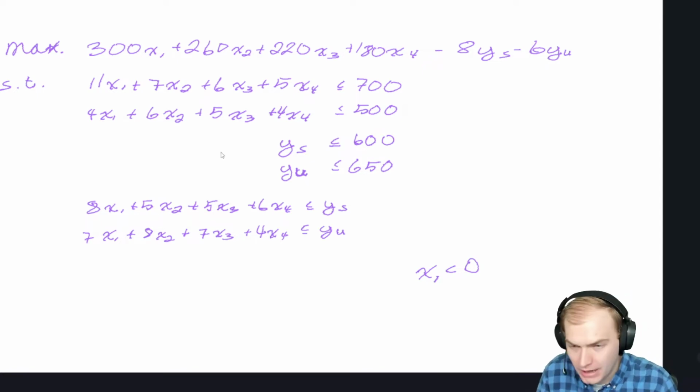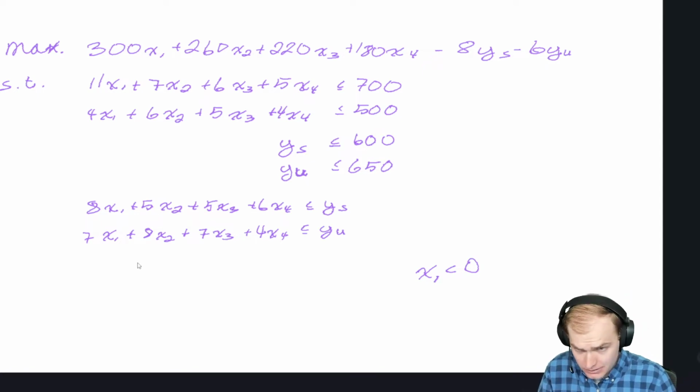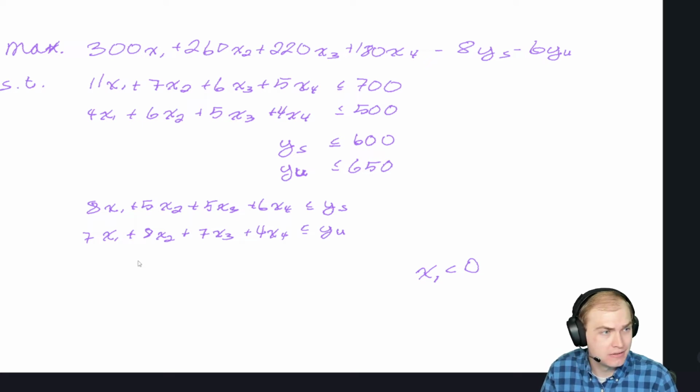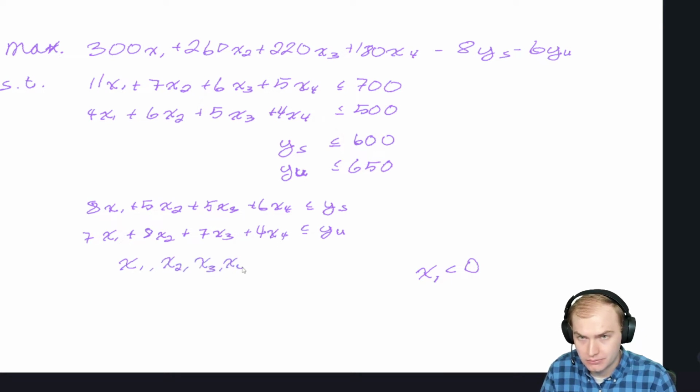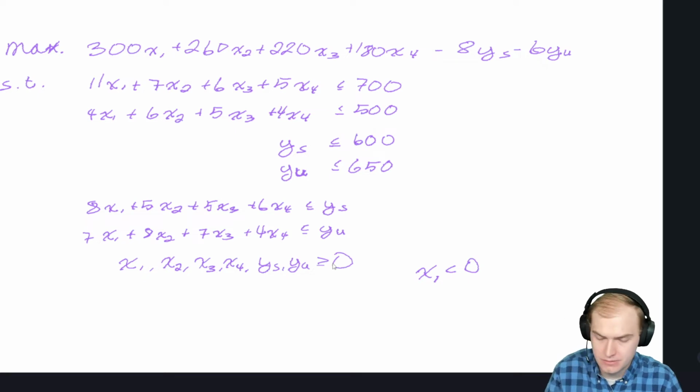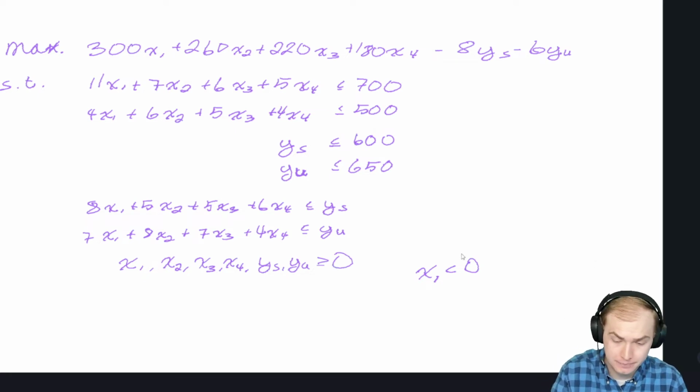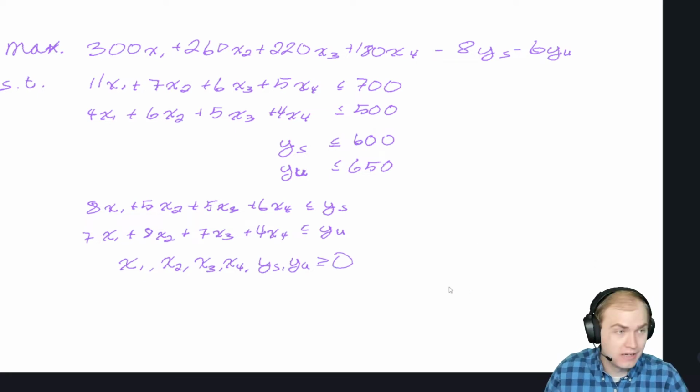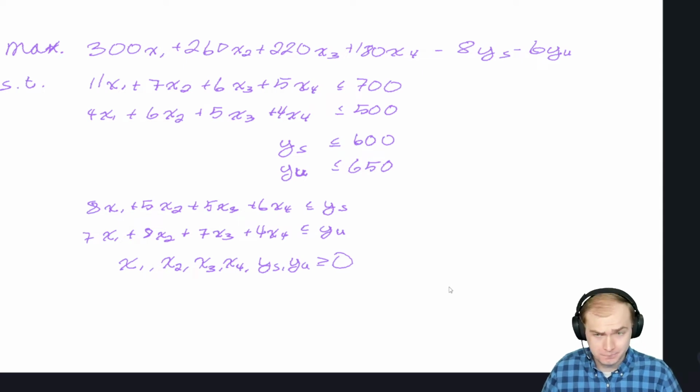But as a formality, we always, always, always describe in our models the domain of every variable. In our case, any non-negative number is fine.